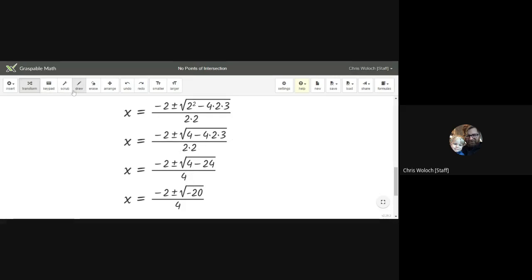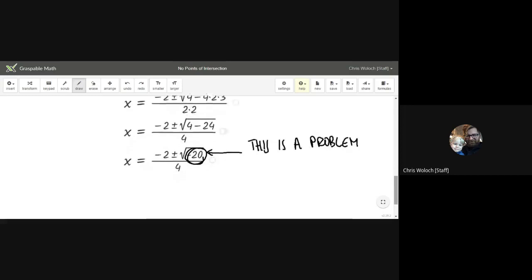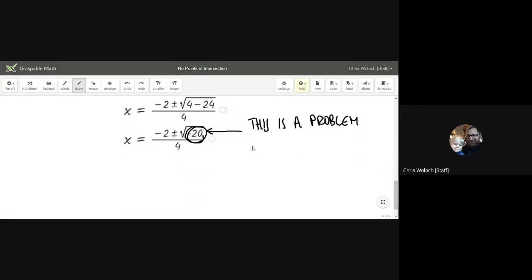So when I get to this point, right, this here, okay, this is a problem, right? And if you remember, why is this a problem? Well, I can't have a negative under the root, right? So we have a negative number under the root.